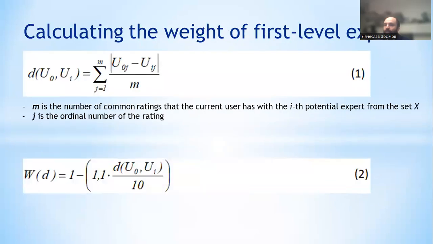Direct calculation can be applied in case the current user shares ratings with a set of potential experts X for some set of web resources. It allows calculating the similarity of ratings for each pair of current user and potential expert, D of U0 and Ui separately. Expression 1 on the slide.